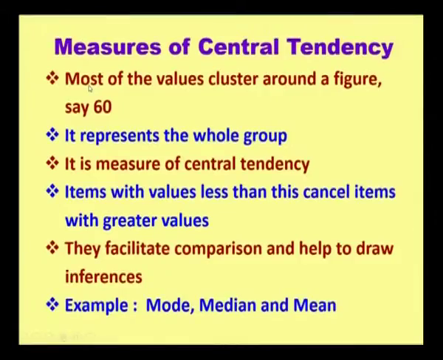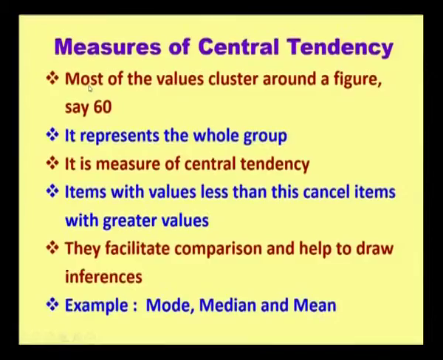Now, let us see what is central tendency. Let us take an example. Suppose there are some data, and most of the values cluster around a central figure, for example 16. That means it represents the whole group. All the data can be represented by that value 16, and that is called the measure of central tendency.